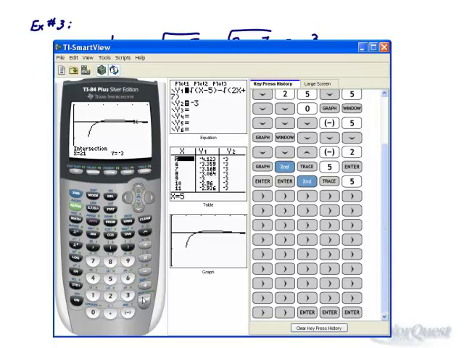Students that don't like to mess around with window settings as much tend to like to use the zero feature. My suggestion: try to get comfortable with both so that when you see questions that you can't get one way, you can try the other. It's really important that you know how to solve graphically. It'll save your bacon in a lot of questions.